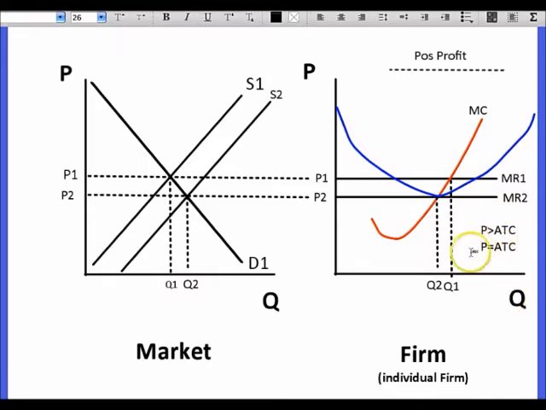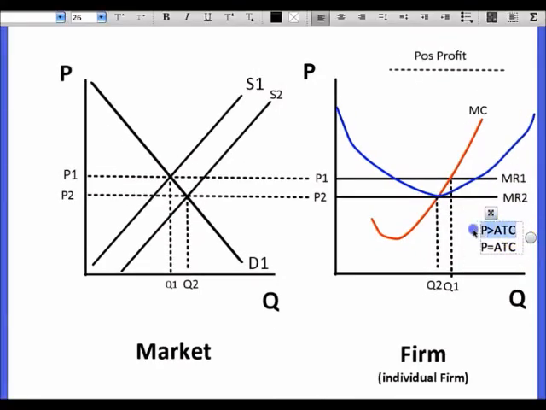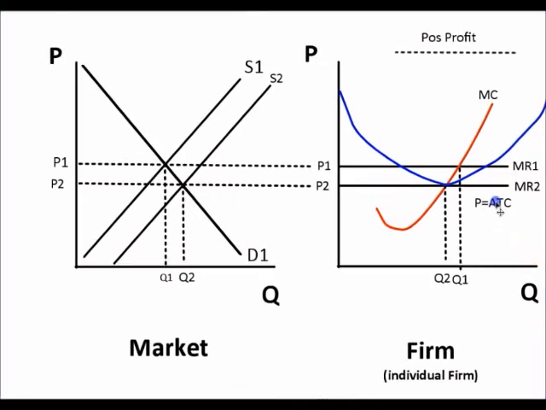When price equals ATC, that is zero profit. That is long run. So price greater than ATC, which is your positive profit, is a temporary state of being. It cannot last. Eventually, that's going to go away, and we wind up with this condition, P equals ATC, which is what you see here at Q2, P2, and then here's the market side.